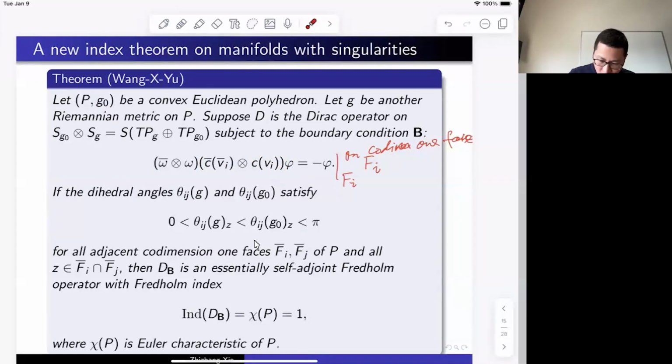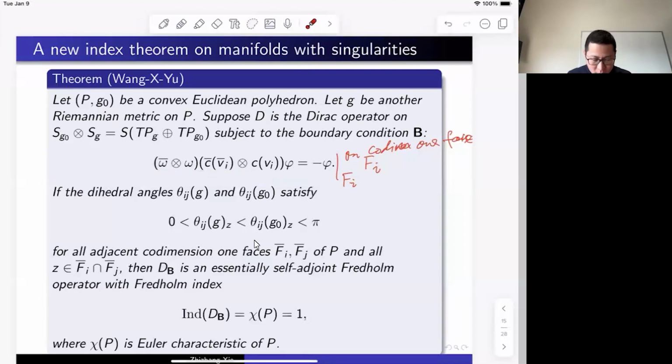For people who are familiar with elliptic operators on a manifold with a smooth boundary, in order to make sense of the index theorem, you usually need to put a boundary condition on the boundary. It is similar here. Of course, we don't have a smooth boundary. We have a boundary that has polyhedral corner structure, but we also need to impose a boundary condition.